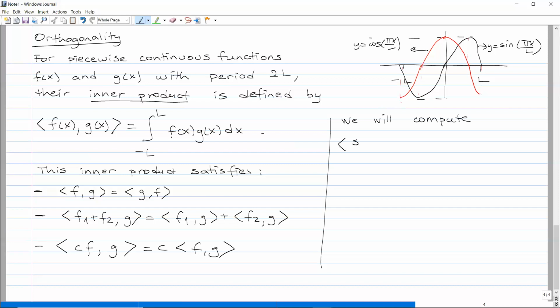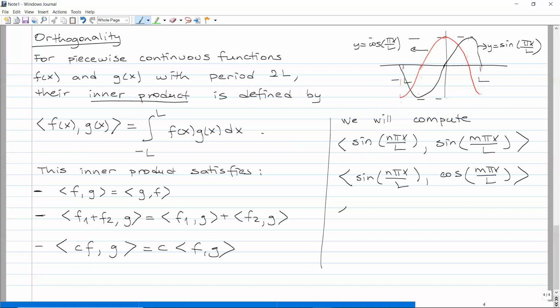So the inner product of sine of n pi x over L and again sine of m pi x over L, for different values of n and m. You can take the sine function with the cosine function, or you can take two cosine functions.